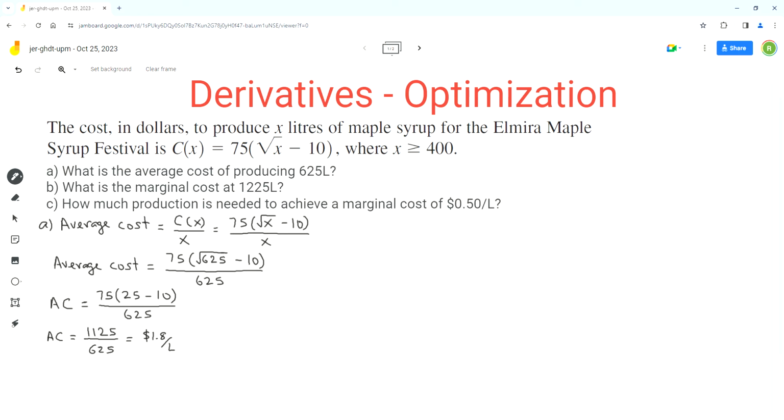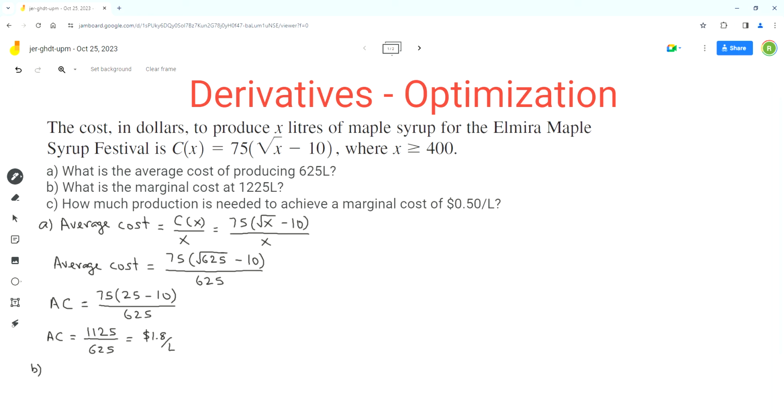Now we can analyze part B. In part B, we have to find the marginal cost at 1225 liters. For marginal cost, we have to find the derivative of the given cost function. The given cost function is C(x), so we have to find C prime of x.